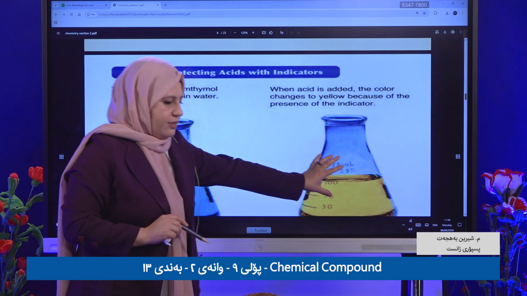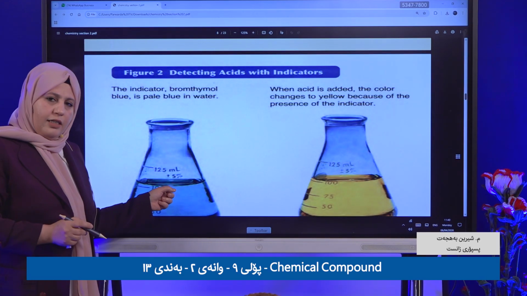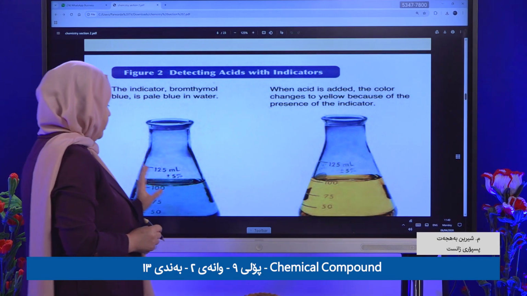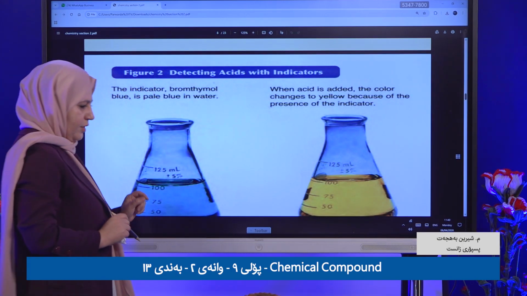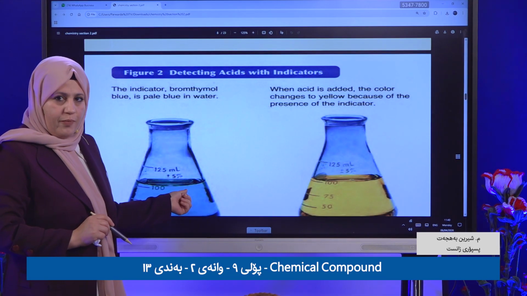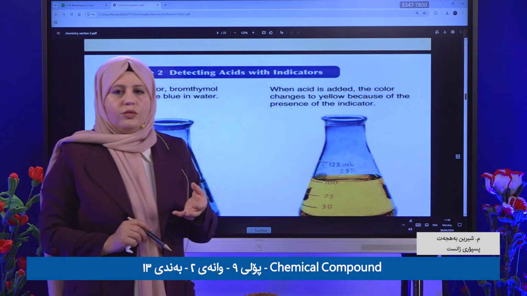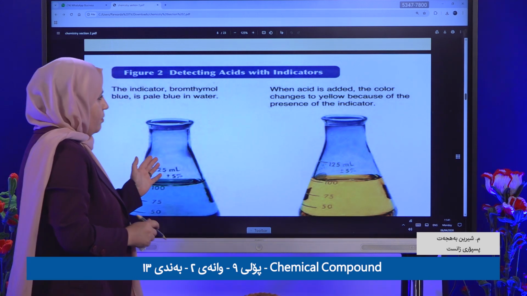We have two flasks. One of them is a combination of the indicator, which is bromothymol blue, and water. Look at this flask. It contains what? Bromothymol and water. Bromothymol has which kind of color? Pale blue, which means light blue. Okay? It's not dark blue.